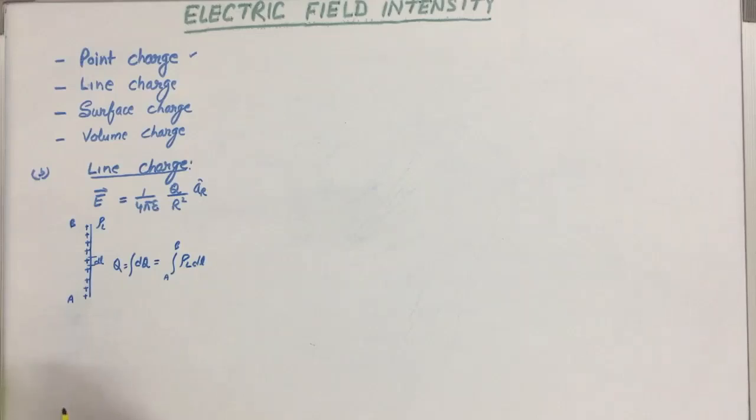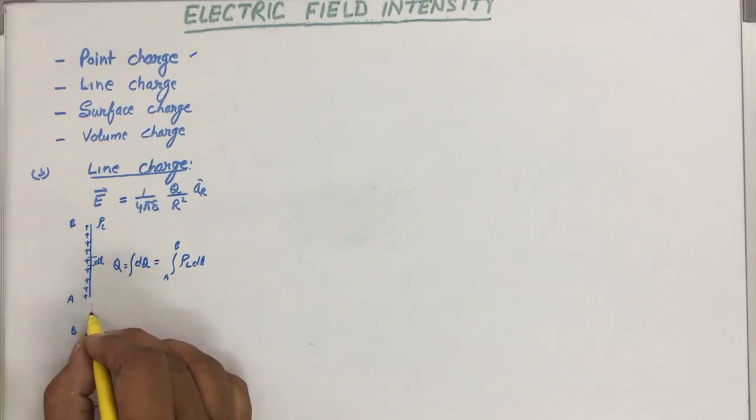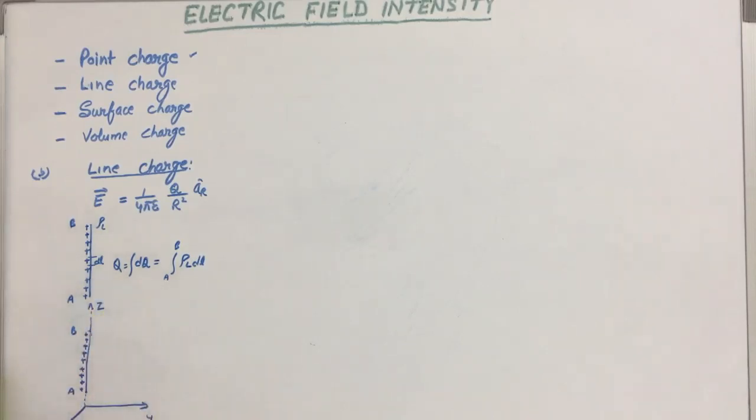For derivation, assume the line charge is distributed along the z axis for simplicity, from A to B, and these are the coordinates, anti-clockwise giving the positive z direction.